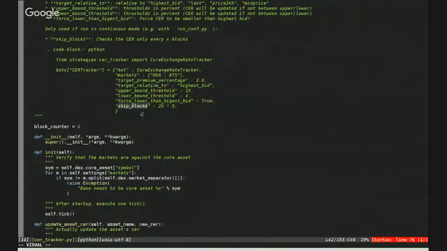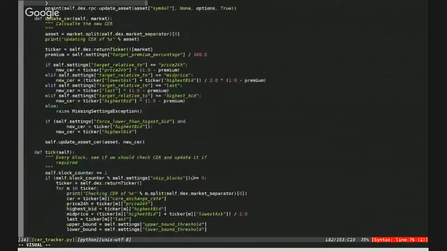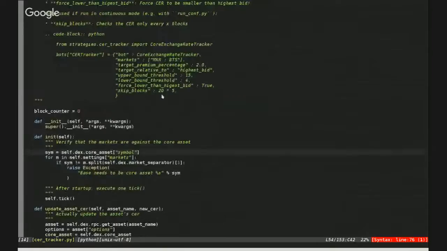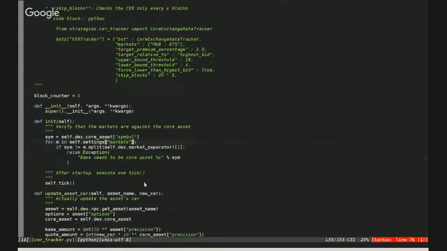Skip blocks is something that happens if you run this code continuously. You have here a tick, and we don't actually want to check the core exchange rate just every block. This is why we can have here a skip block, and it skips like 20 times 5 blocks and then checks again. Yeah, the init stuff is just figuring out if everything's set up correctly, like the base asset needs to be BTS or something.